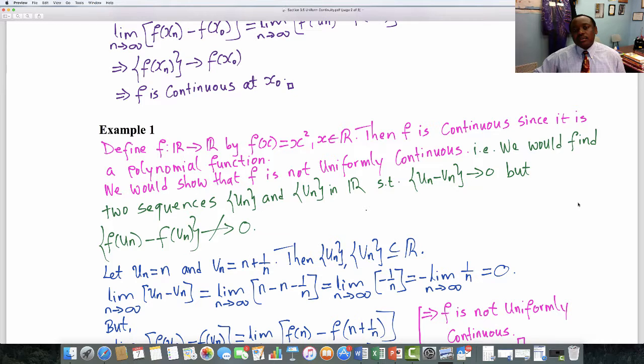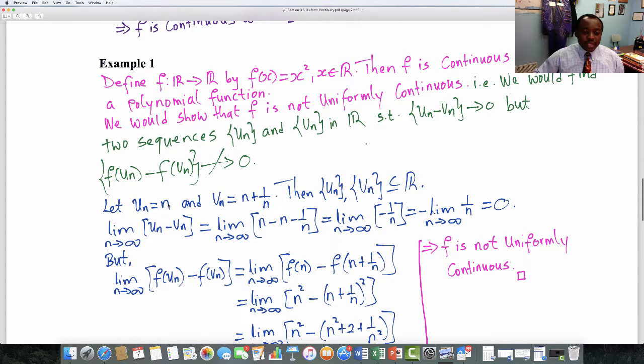Claim: no. So we need to provide a counterexample. All we need to do is find two sequences un and vn such that the limit as n approaches infinity of un minus vn equals 0, but the limit as n approaches infinity of f of un minus f of vn is not 0. So let's go ahead and do that.